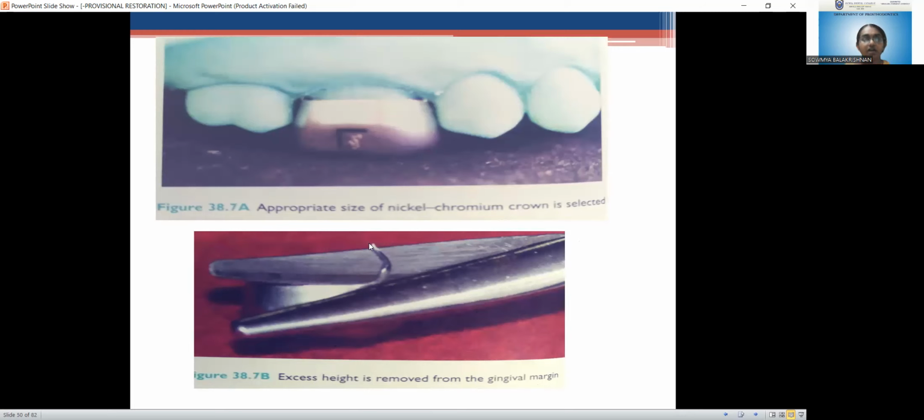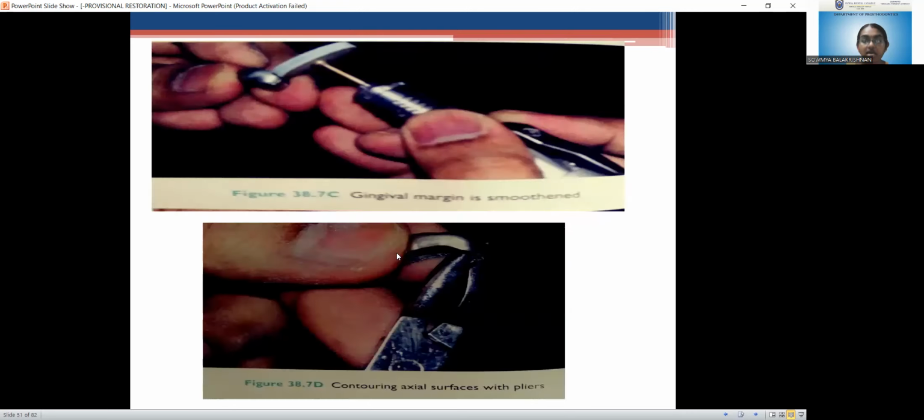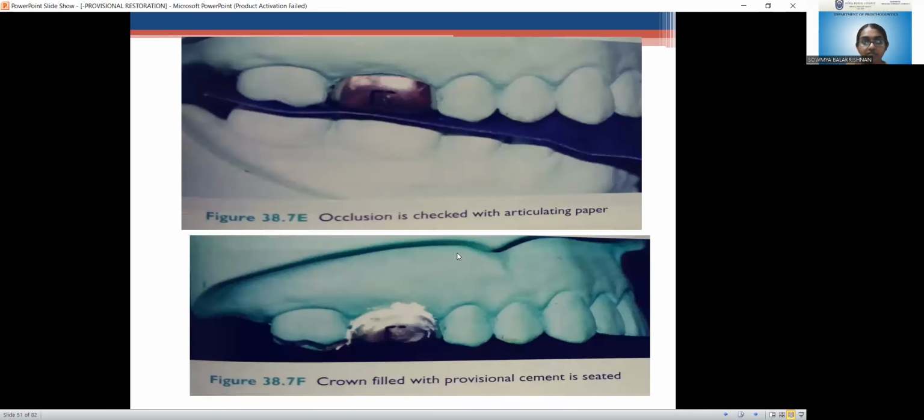Once it is properly adapted, if excess height is there, it can be removed from the gingival margin, and the gingival margin is then smoothed. The axial surface is then contoured with the pliers. That is, the axial contours have to be contoured with the pliers.